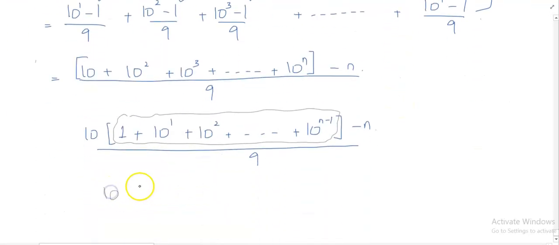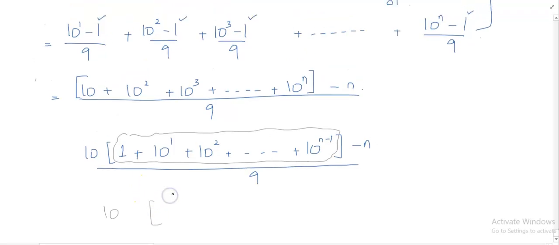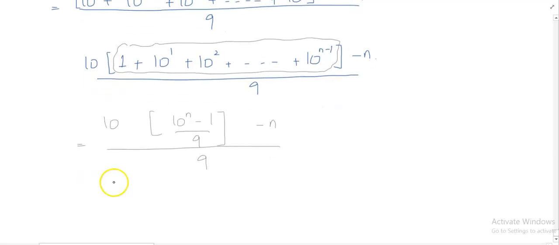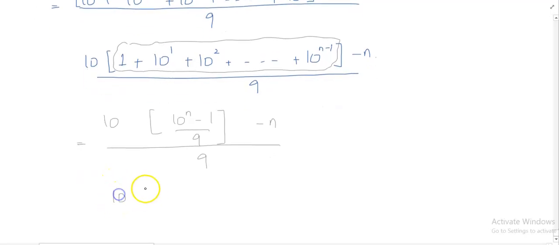It becomes 10 times (10 to the power of n minus 1) divided by 9, and obviously minus n, divided by a whole 9, right? So I'll multiply this with 10 and 10 to the power of n minus 1.